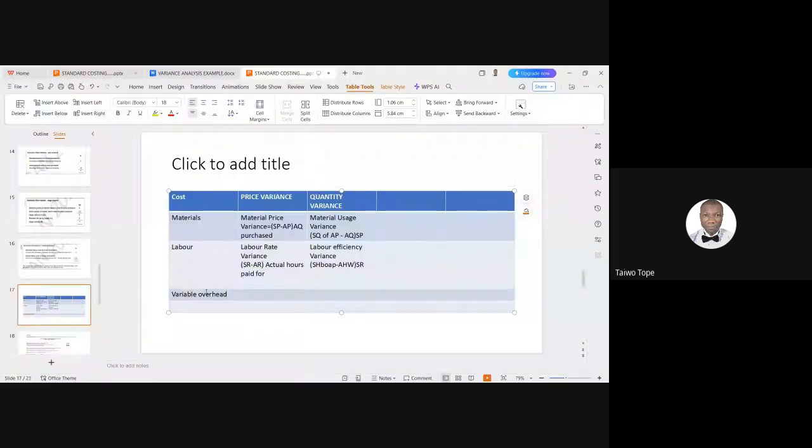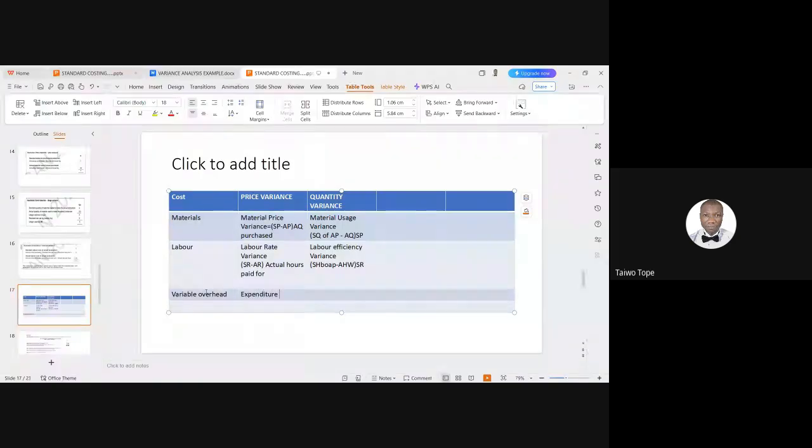So in a question, you'll be given standard variable rates, you'll be given actual variable rates. So what will you do when you are asked to compute the expenditure variance?